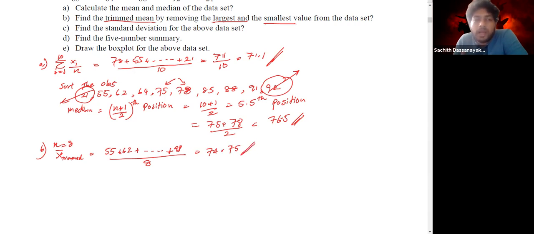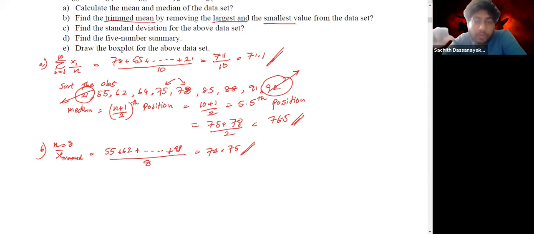In this question they haven't mentioned it, but if you remember, when we were doing the trim mean, you had to find the 10% trim mean, 20% trim mean. At that time, you have to find how many observations you have to remove from the data set by calculating that percentage.